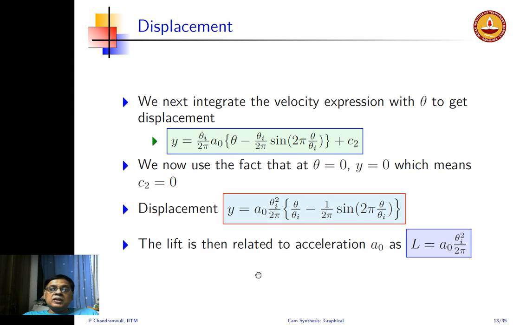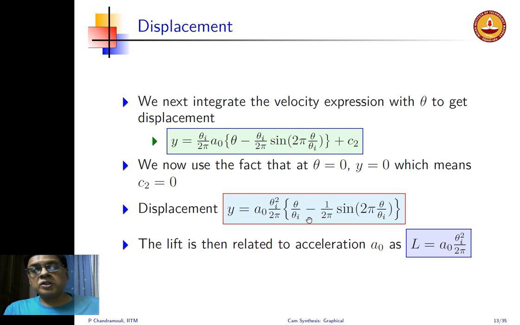So therefore, the expression for f1 of theta, which is this function, is now in this particular form. You can see that there is a linear term and a sinusoidal term. We looked at a uniform motion, which is purely linear, and we looked at a sinusoidal motion. Now we have a combination of linear as well as sinusoidal motion.